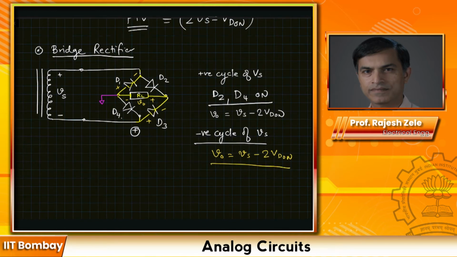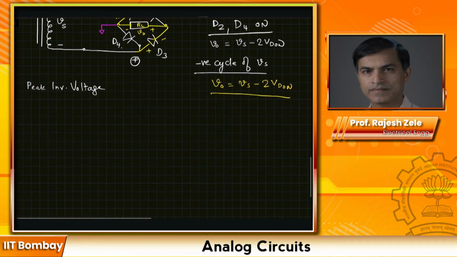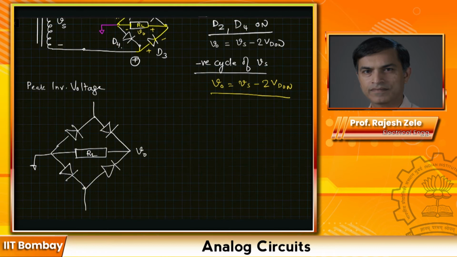What's the difference here? The peak inverse voltage, let's see how much that comes out to be for this case. To understand the peak inverse voltage, I'm going to redraw it a little bit, or maybe we can just redraw it here. So let's consider the case when diodes D2 and D4 are on. In that case, what would be the voltage V out?